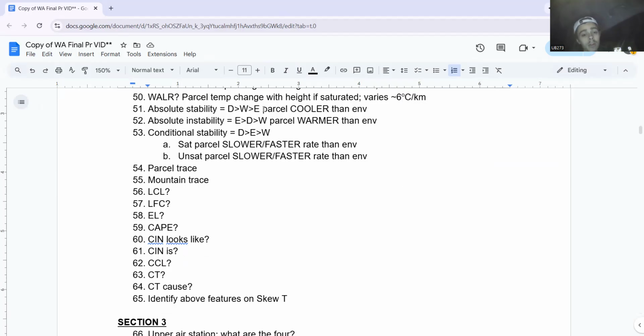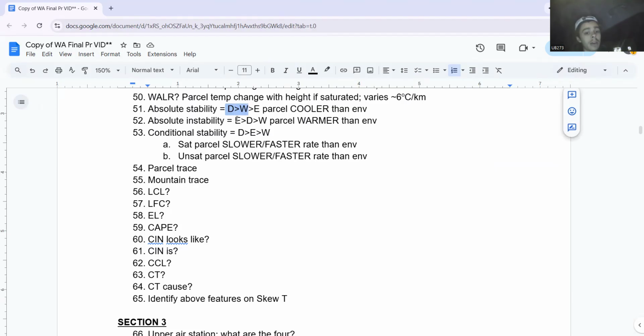That sounds backwards, so you've got to be careful about it, comparing the parcel itself to its environment. Think about it like this: if the lapse rates are greater, then it's cooling quicker, so it's cooler than its environment. So if the lapse rates of the parcel, the dry and wet, are greater than the environment, the parcel's cooler than its environment, which means absolute stability. Because if it's cooler than its environment, it sinks.